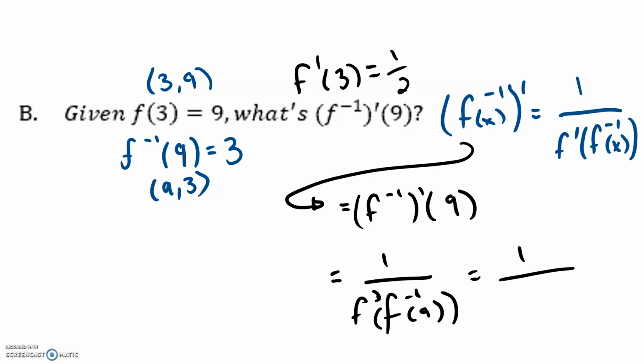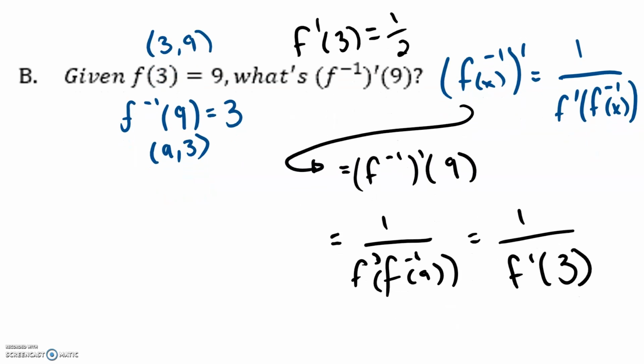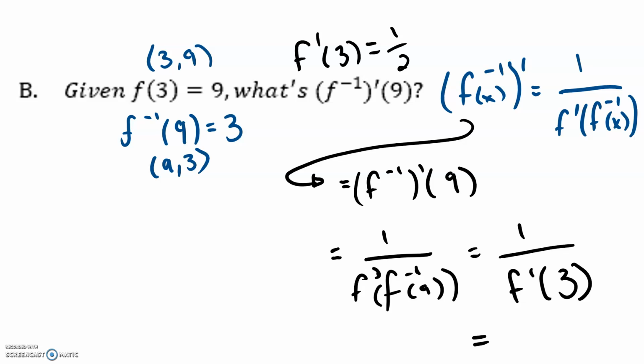So 1 over f prime of, the inverse at 9 is 3. And then the derivative at 3, I just told you, is 1/2. All right, so without that information, this problem would be impossible. So our derivative is 2. I apologize for not giving you that information in the prompt.